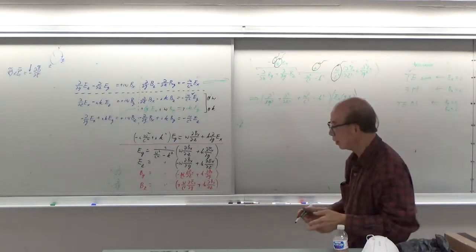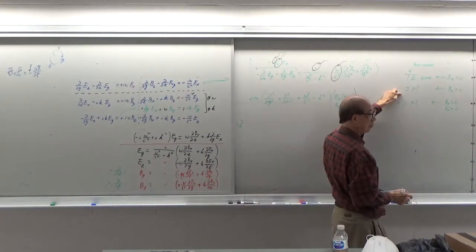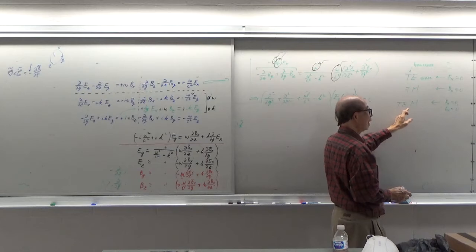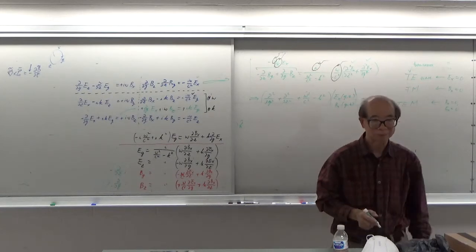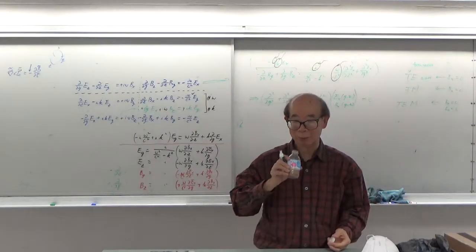So these are the types for us to consider: transverse electric wave, transverse magnetic wave, and transverse electromagnetic wave. That's remark number one.